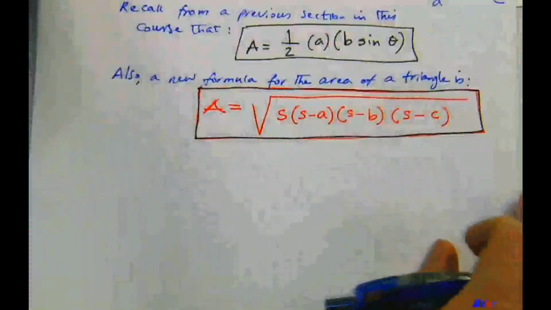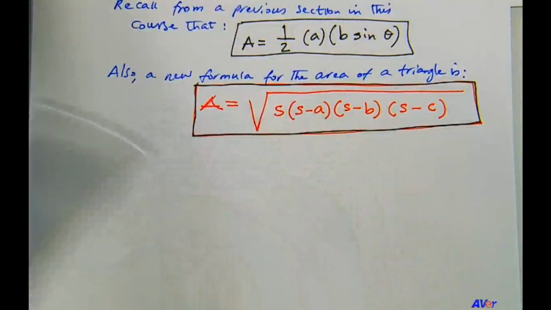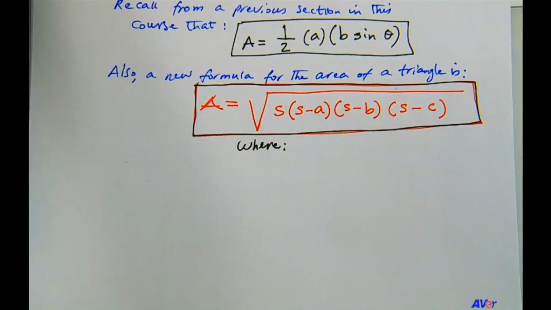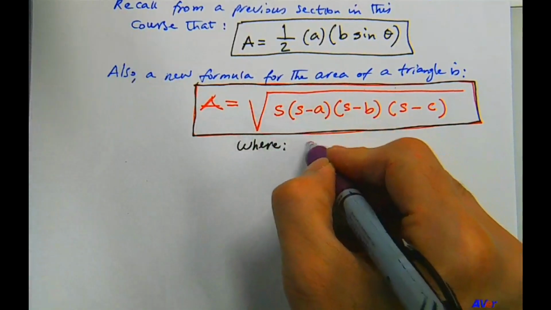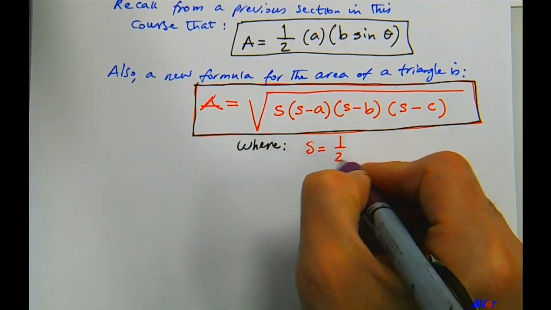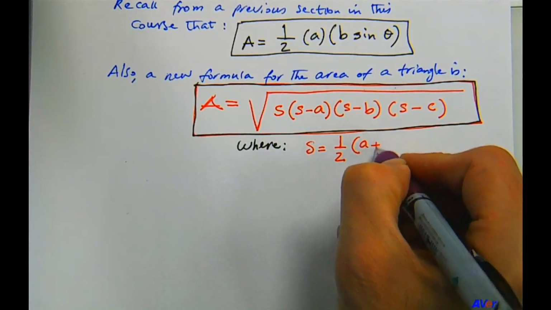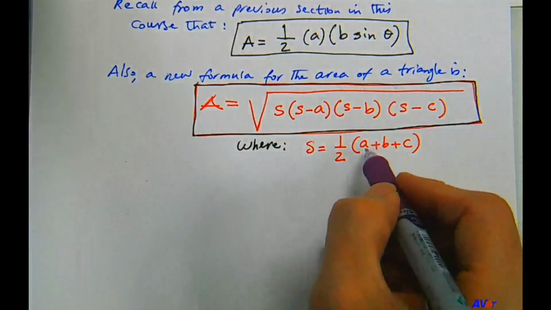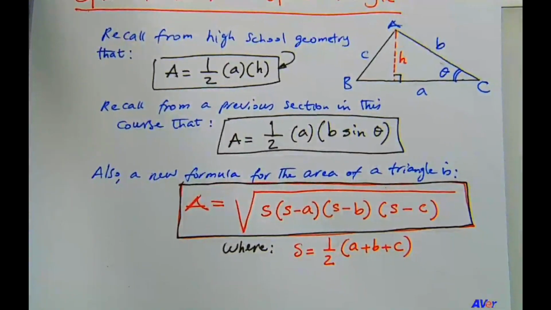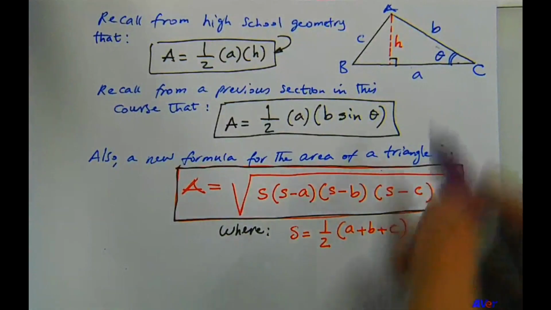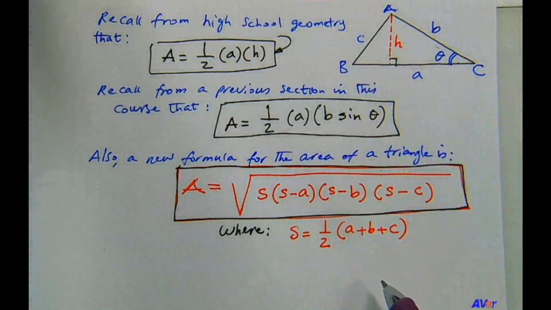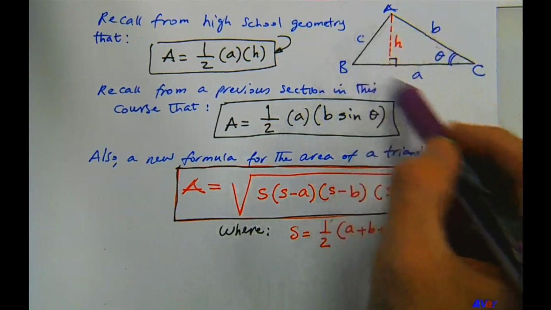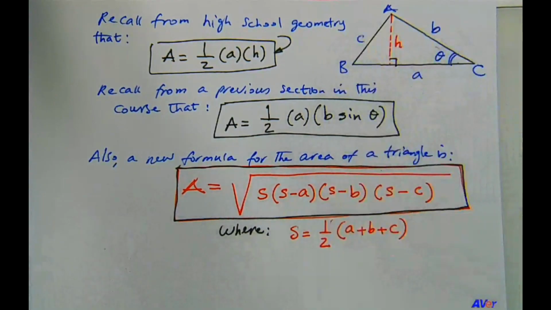So let's add where S is equal to 1/2 the perimeter of the triangle, right? A plus B plus C is the perimeter of the triangle. So S is 1/2 the perimeter of the triangle, all those three sides added to each other.